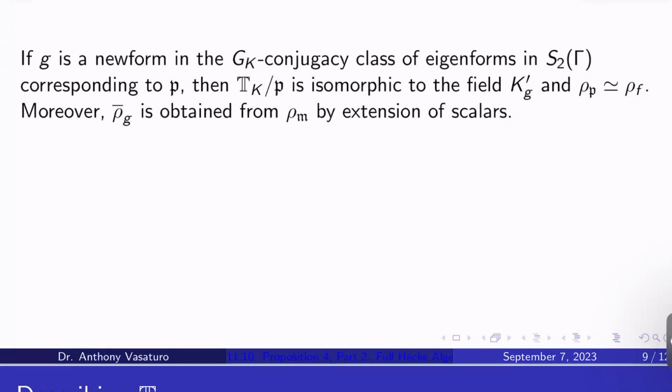And furthermore, rho_P is actually isomorphic to rho_F. And so these representations that we developed in this talk are actually isomorphic to familiar representations that we've been dealing with since chapter 1 of this playlist. Moreover, rho bar_G is obtained from rho_M, but actually just by extension of scalars.